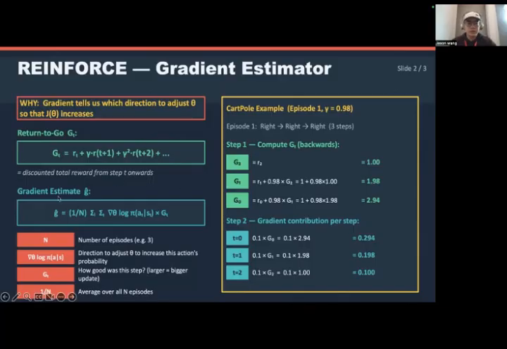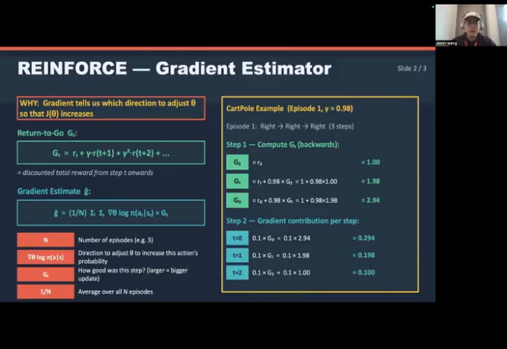So the gradient estimate, g hat, equals 1 over N times the sum over all episodes and all times t of nabla theta log pi times G sub t. Let's break it down. N is the number of episodes, and nabla theta log pi tells us which direction to adjust theta to increase the probability of this action.